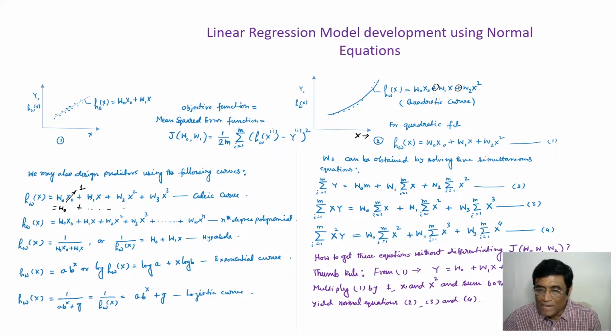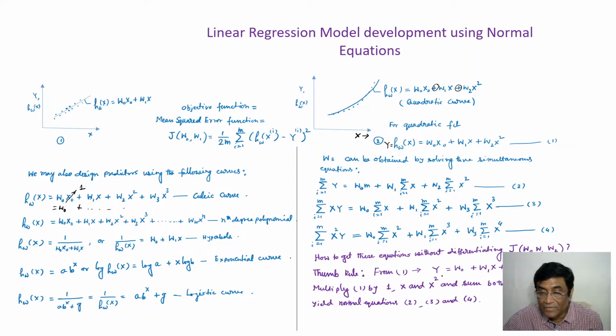Then you multiply with x, and again sum them up for all the samples, i equal to 1 to n, and that will generate another equation in W. If you do not believe me, you can construct the error function, differentiate with respect to W1, and you will get exactly this equation.